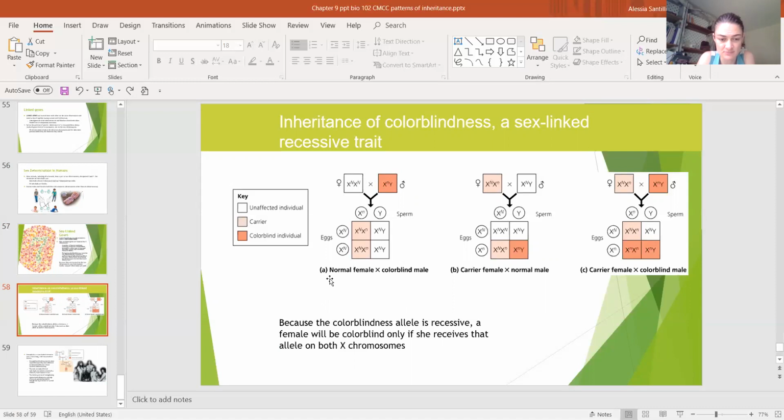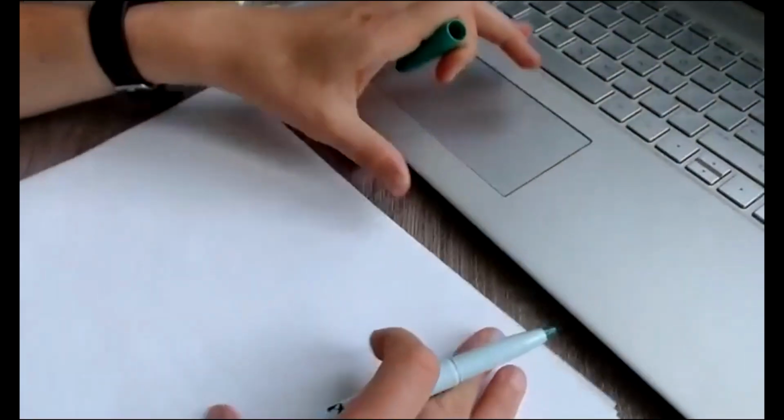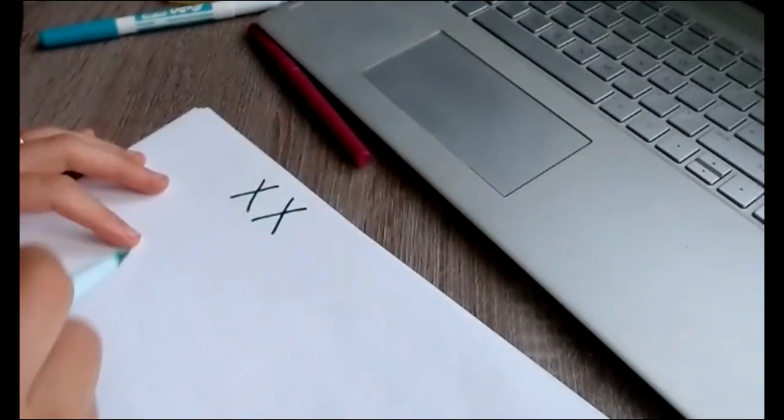It's all in the slides, but I prefer to draw it out. So a female has 2 X chromosomes, correct? On these X chromosomes, she has the ability to see, I'm just going to say color.